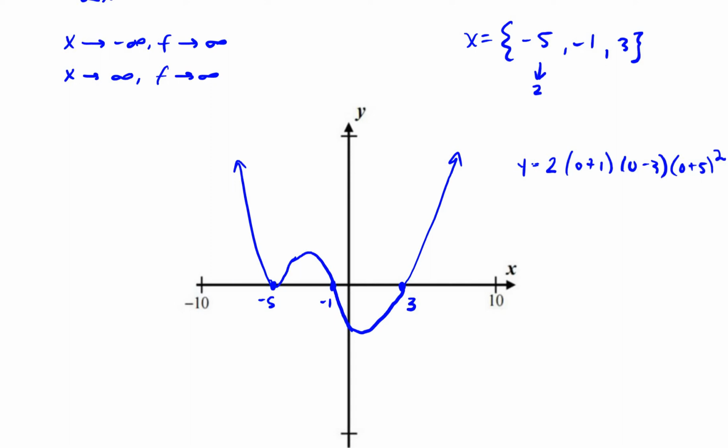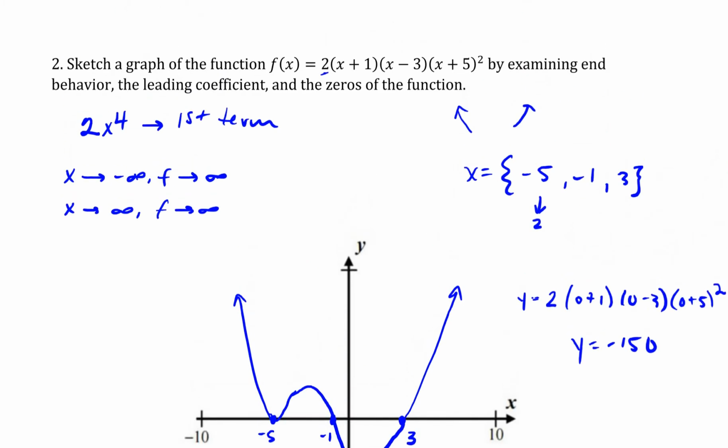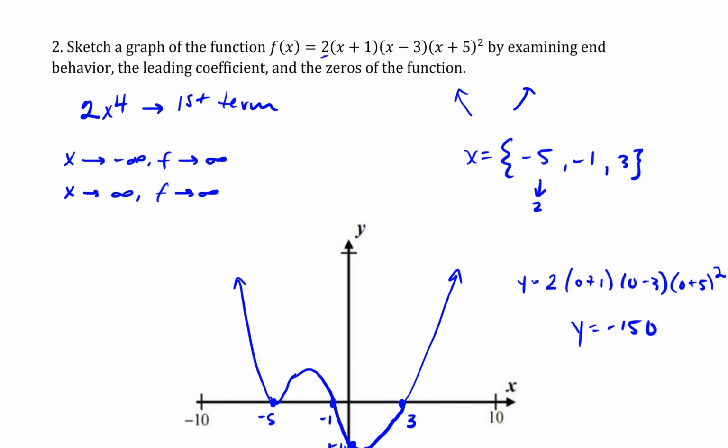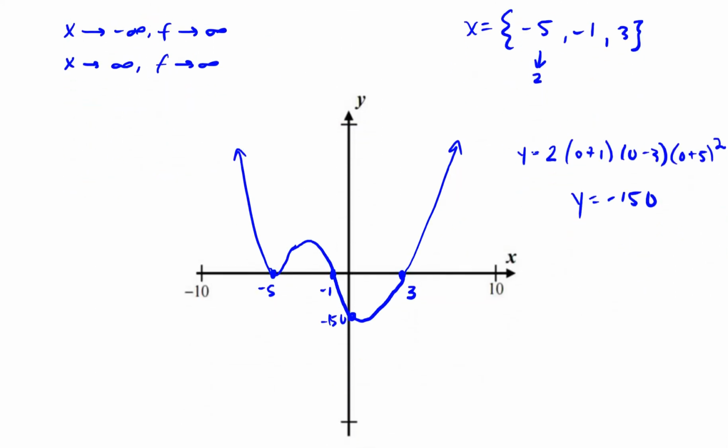So we have 2 times 1 times negative 3 times 5 squared. Yeah, negative 150. So the y-intercept is negative 150, and this point here would be negative 150. So that's what our graph looks like. Notice I'm doing all that without actually plugging anything into the graphing function of the calculator. You could always use that function to check and make sure that you are describing what you think you're describing. You just have to change your window around.